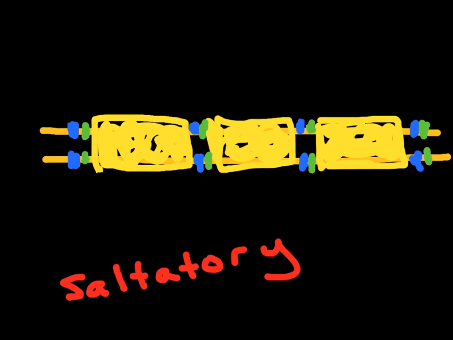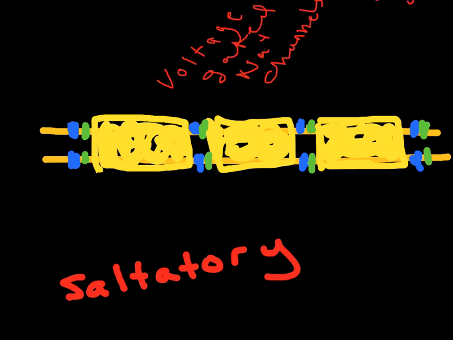What also contributes to the rapid propagation of the signal down a myelinated axon is the presence of high concentrations of voltage-gated sodium channels at the nodes of Ranvier, so that when this current speeds down through the myelin and reaches the node of Ranvier, a bunch of voltage-gated sodium channels open up and propagate the current further down to the next node.